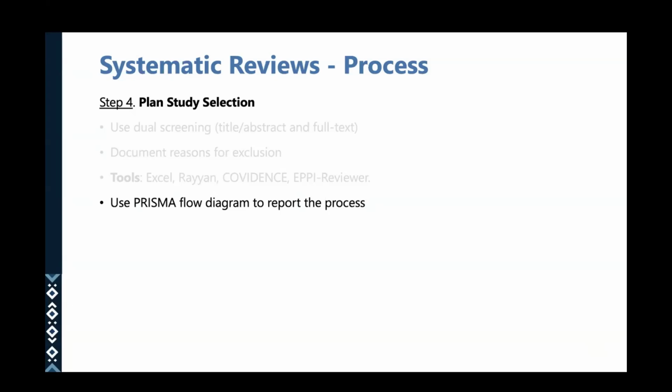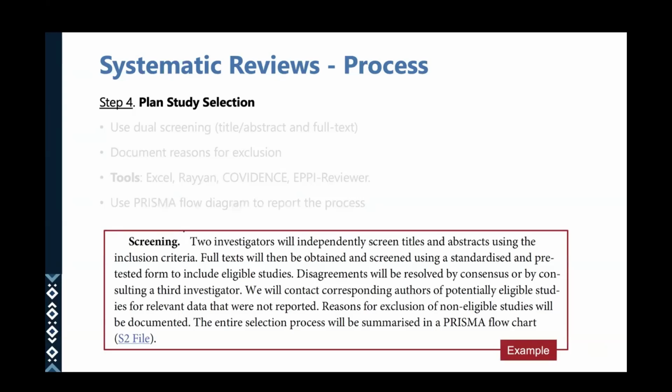We are going to see an example. And so in our review, in our protocol, this is how we described our screening process. We said two investigators will independently screen titles and abstracts using the inclusion criteria. Full text will then be obtained and screened using a standardized and pre-tested form to include eligible studies.